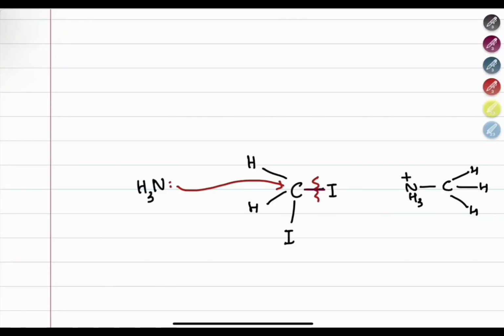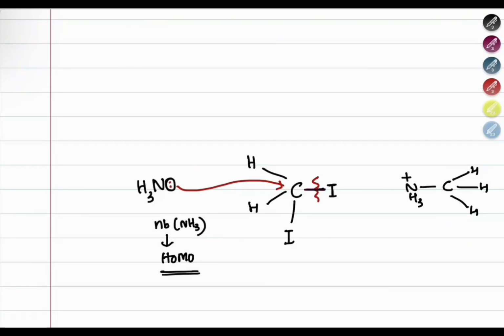So now we have to see from which orbital to which orbital the electrons have moved. Here the electron is donated by nitrogen from the lone pair. So that means the electron is donated from the non-bonding orbital of NH3. This is our HOMO. Okay. Now to find out the LUMO, we'll see which bond has broken in the reaction.